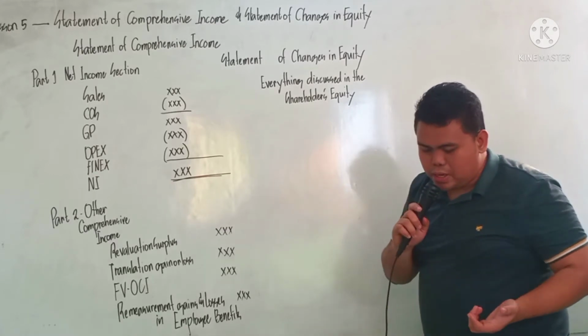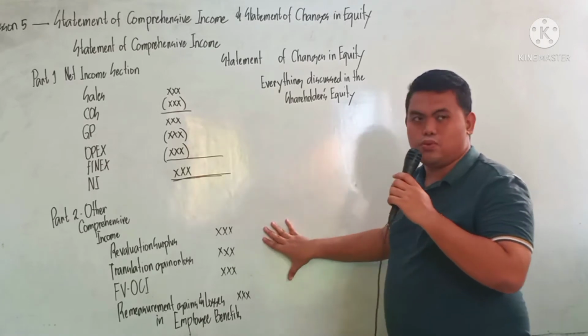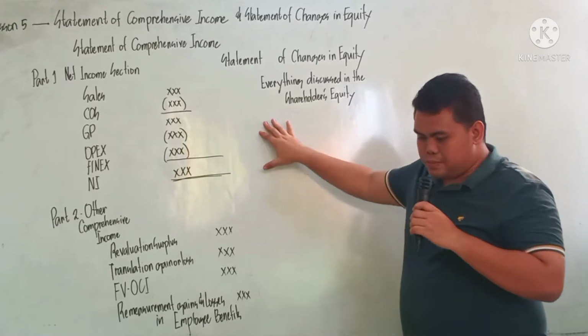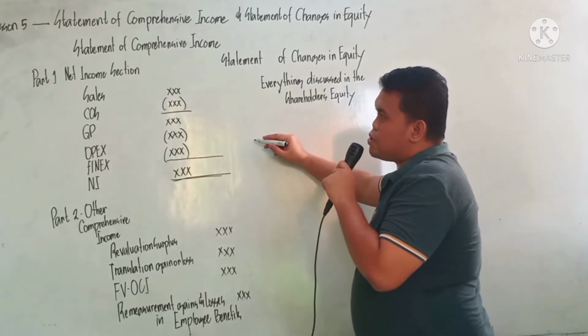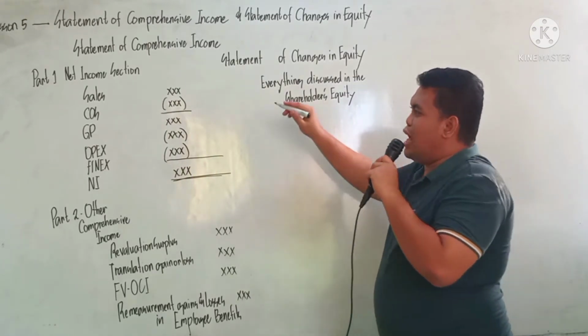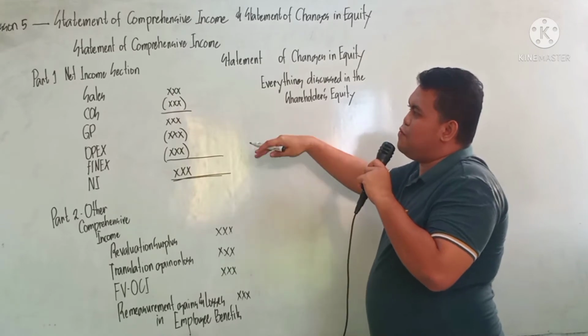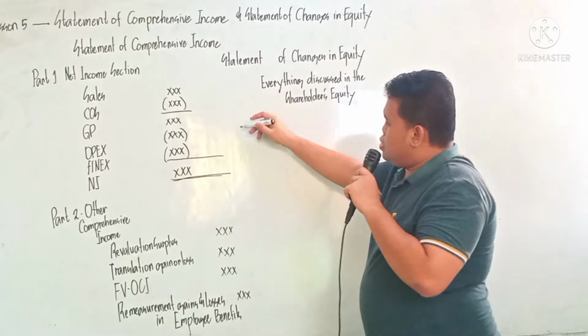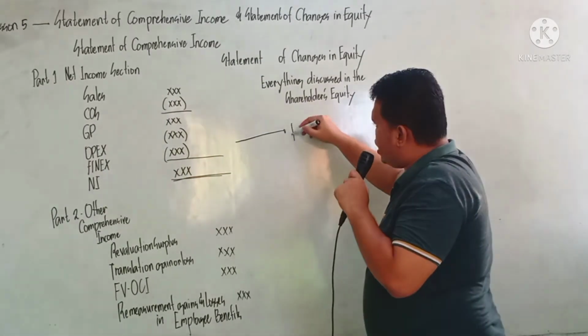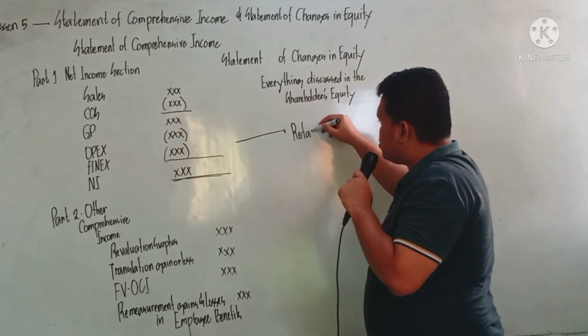Why do we need to separate this part 1 and part 2? Because this net income, if nag-compute ka nito, after the year end, if you're going to close this, because you're going to close these items, you're going to put it in the retained earnings account.